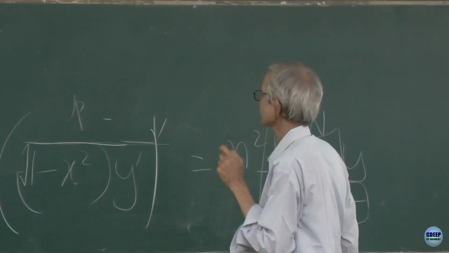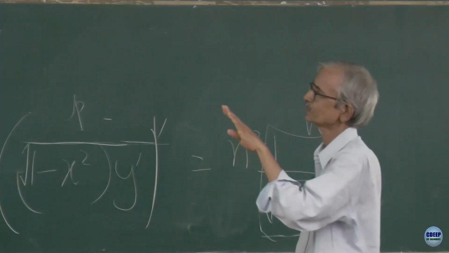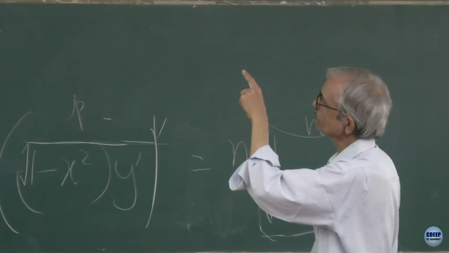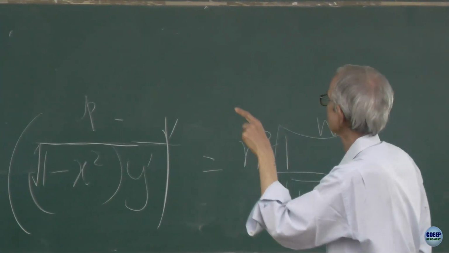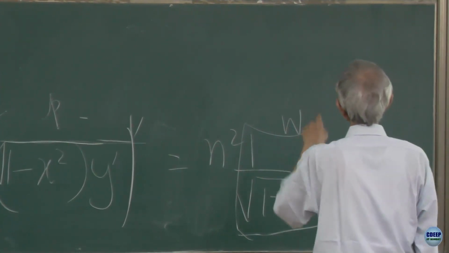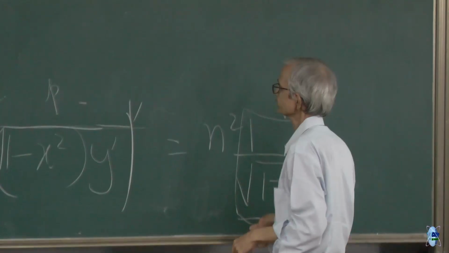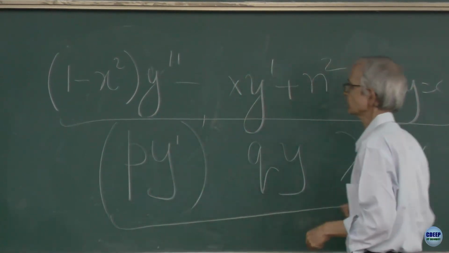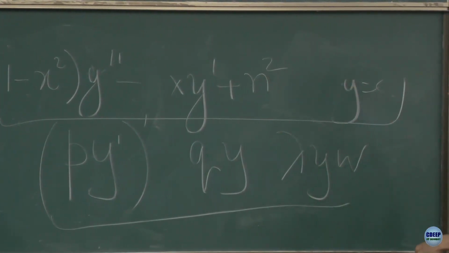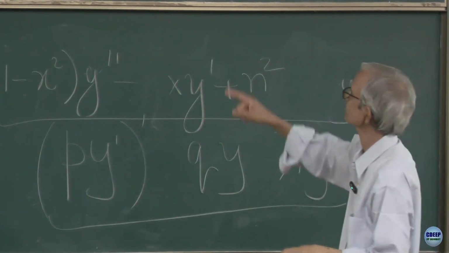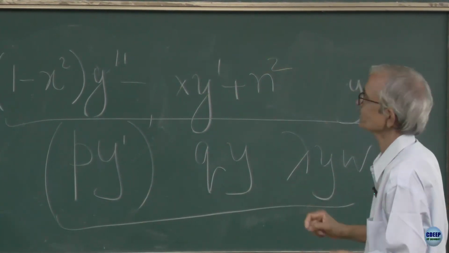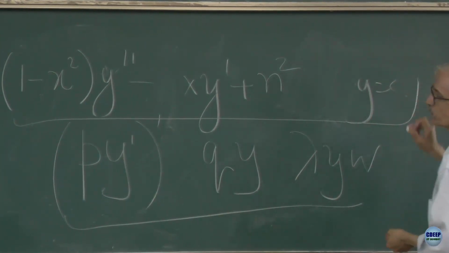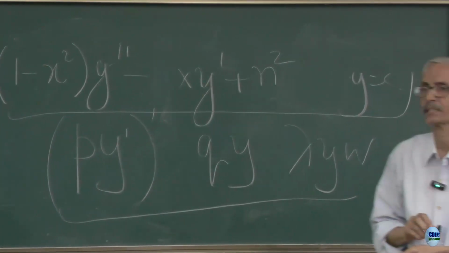The only thing that we need to appreciate in this slide is the fact that the top one, the Chebyshev equation, is in the Sturm-Liouville form, which is this here. So p happens to be equal to under root 1 minus x square, and the w is also there, which is 1 by under root 1 minus x square.